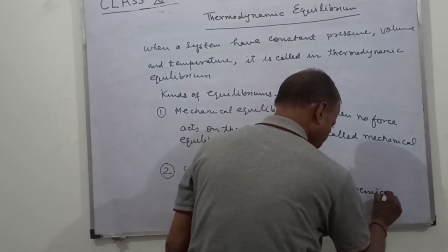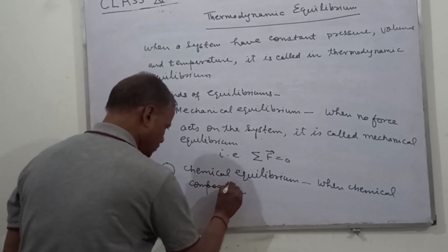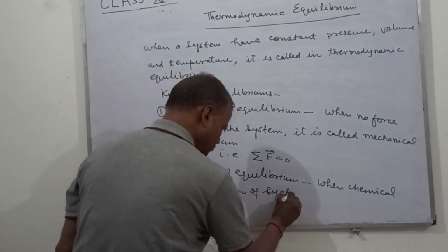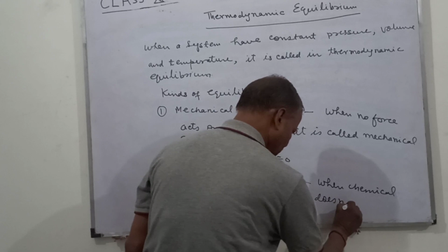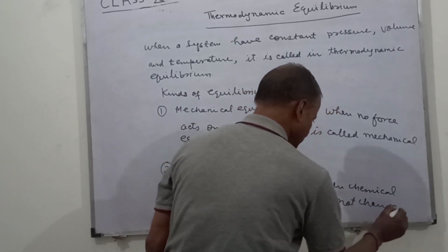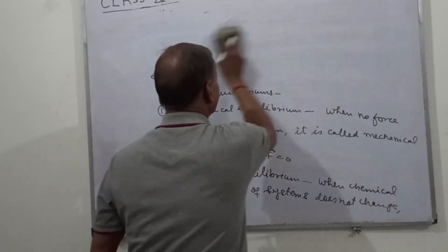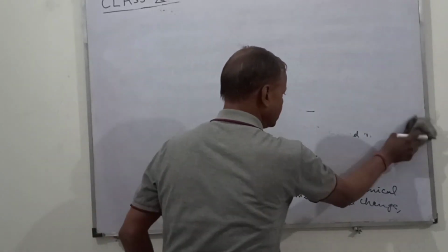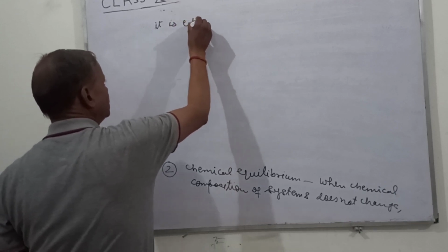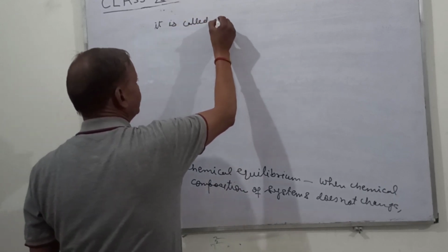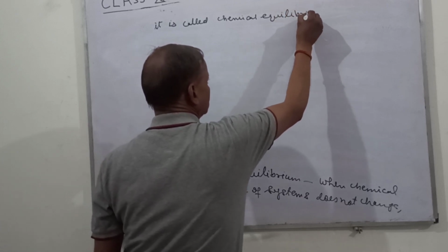When the chemical composition of the system does not change, it is called chemical equilibrium.